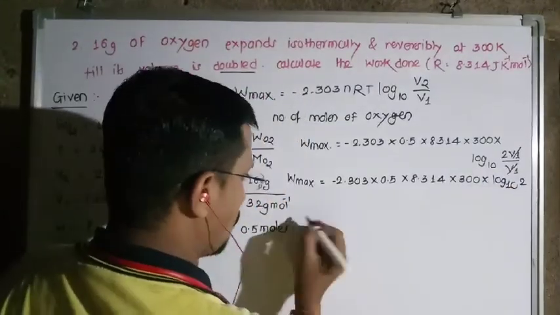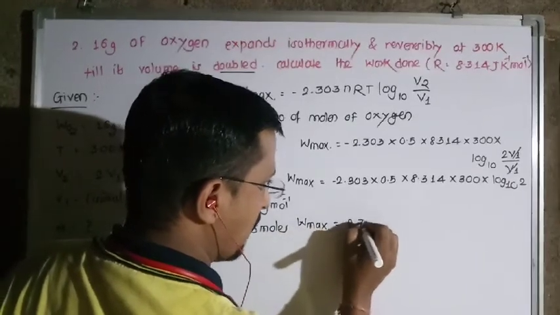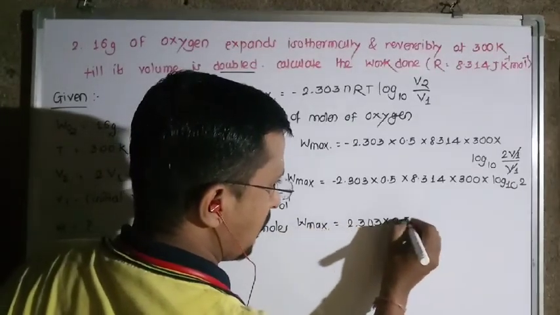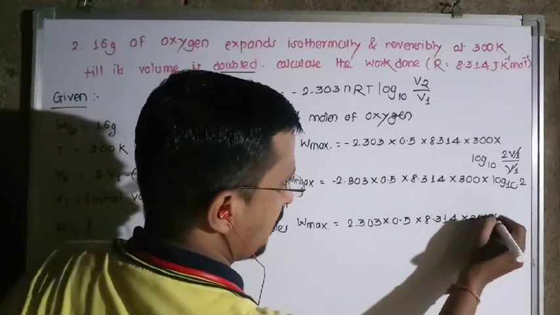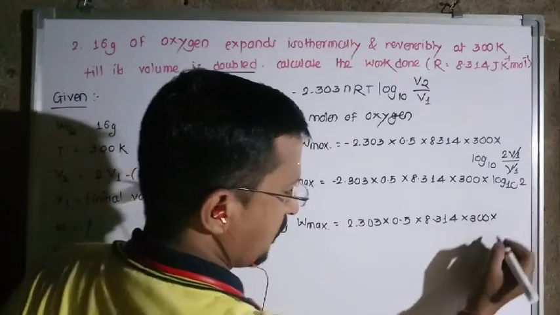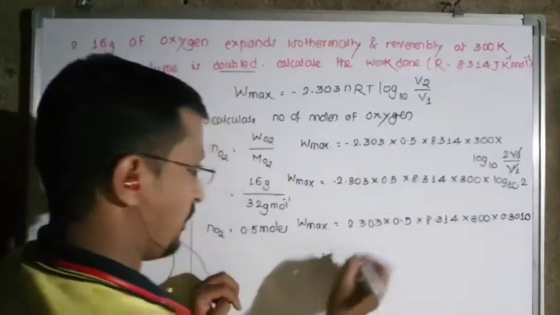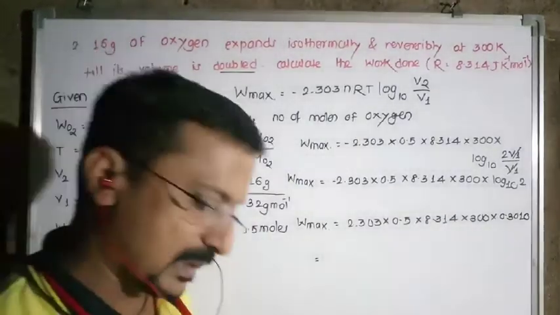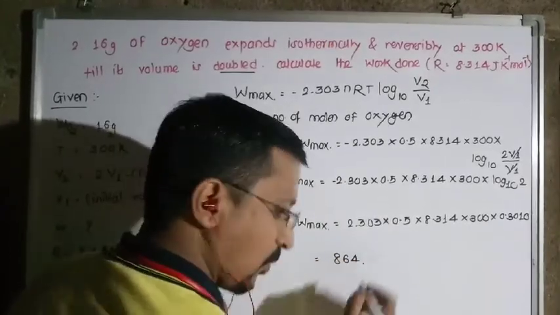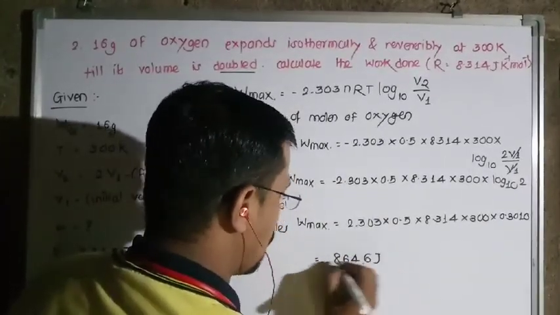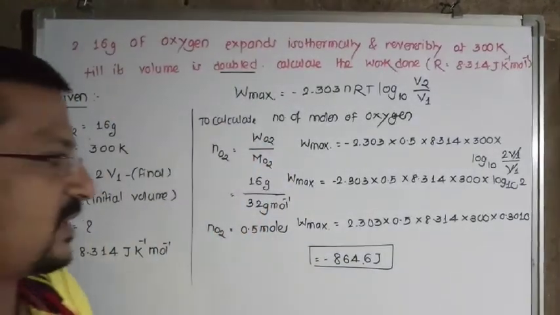Log to the base 10 of 2 is 0.3010. If you solve this, the final answer comes out to be minus 864.6 joule.